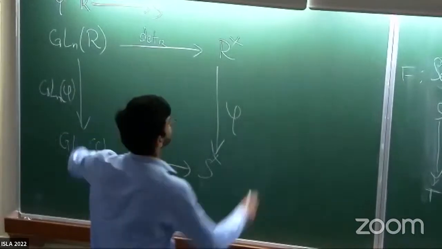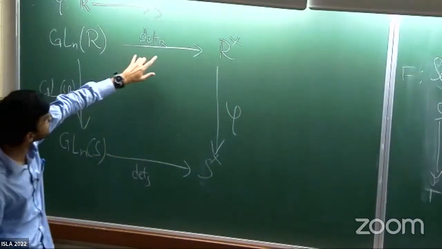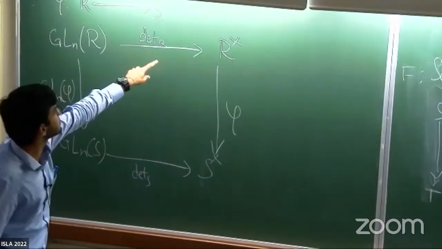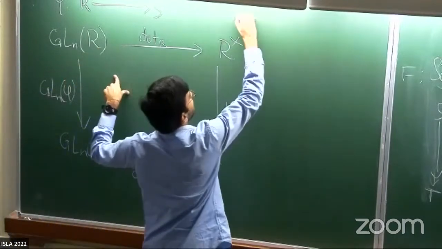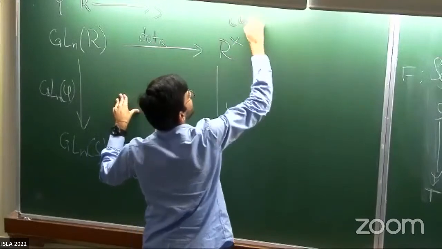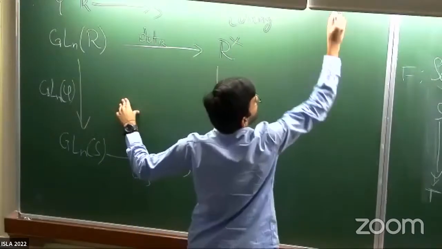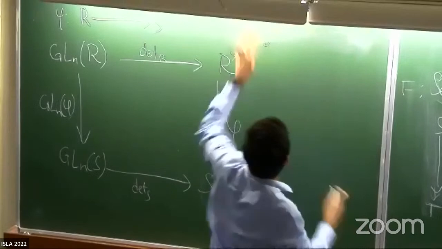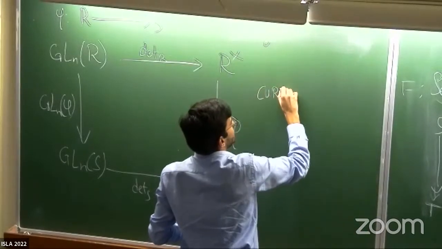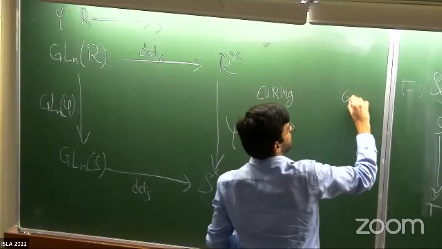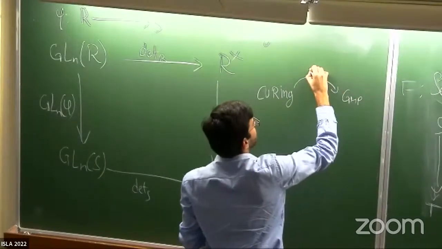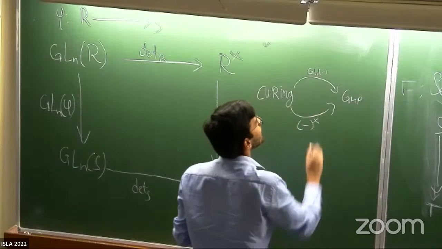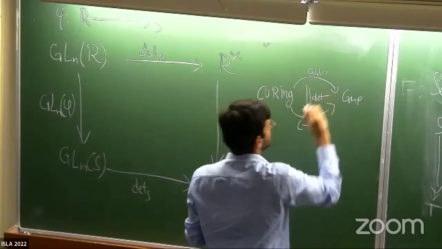That defines a natural transformation, where the arrows alpha sub C here are det sub R, one for each R. So this will be denoted by commutative unital rings to groups, this will be the GL_n functor, and this will be the units functor, and this will be the determinant natural transformation.